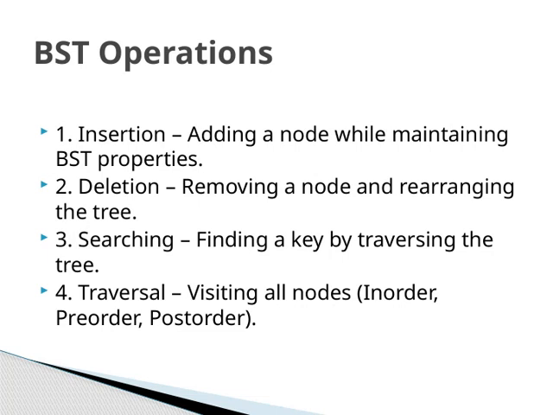Now let's talk about traversal, which is a key operation in binary search trees. Traversal means visiting all the nodes in a specific order. There are 3 main types: in-order, pre-order, and post-order. Each serves a different purpose and follows a unique pattern. In-order traversal visits nodes in ascending order, which is especially useful for retrieving sorted data.